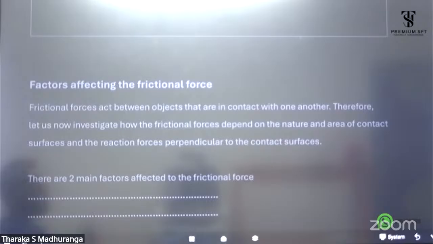Yumindu? Everything clear, Rehlan? Okay.